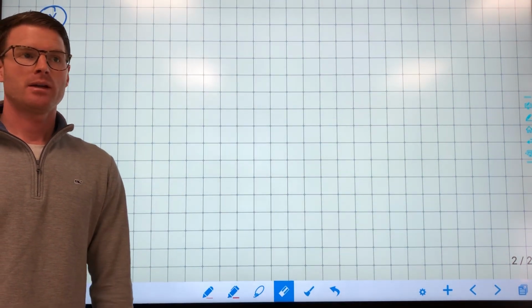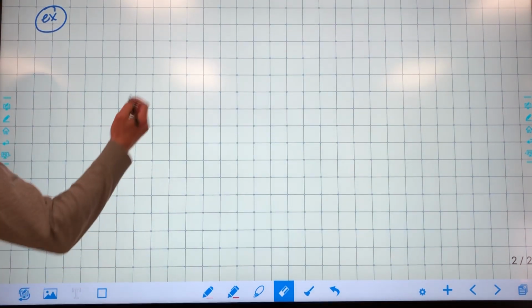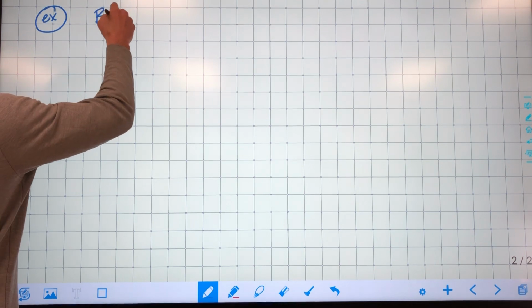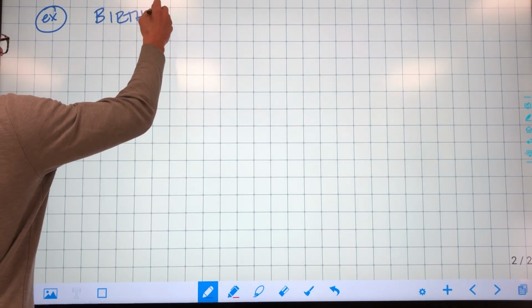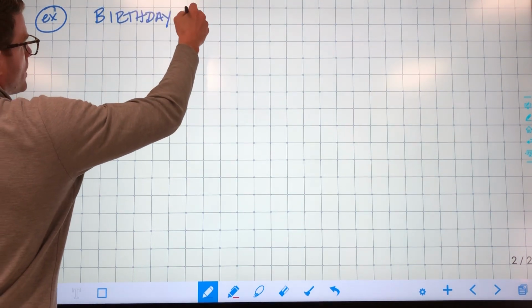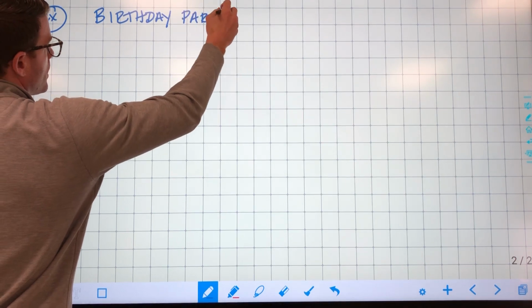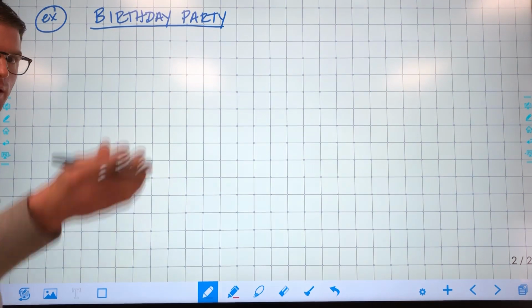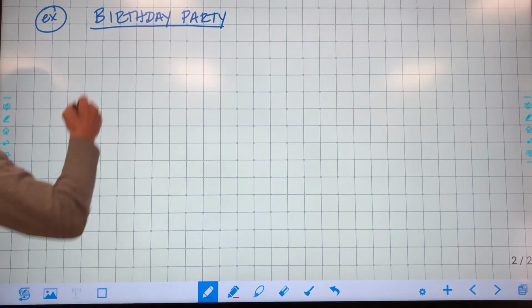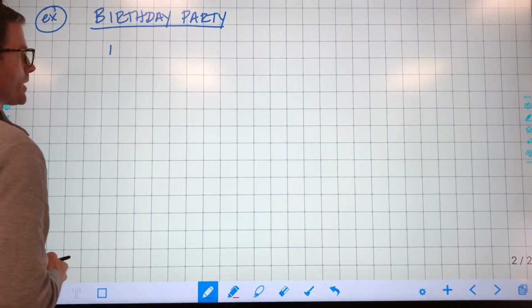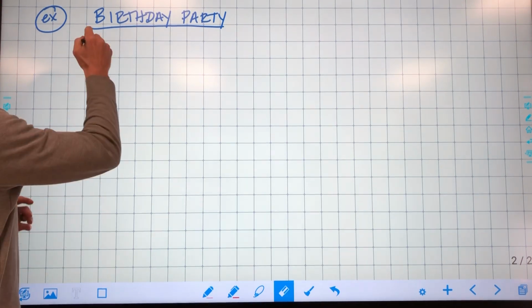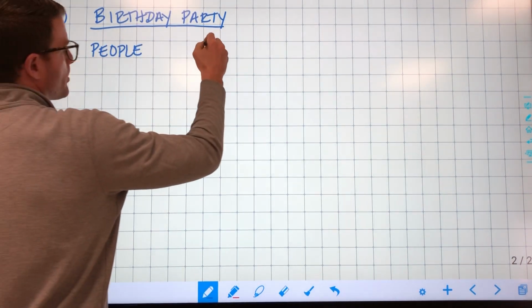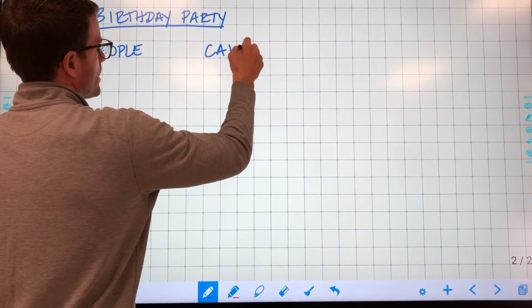At my birthday party, I don't invite anybody, it's just me. So there is one person at my birthday party. Let's say that the input is the number of people and the output is how much cake they get.